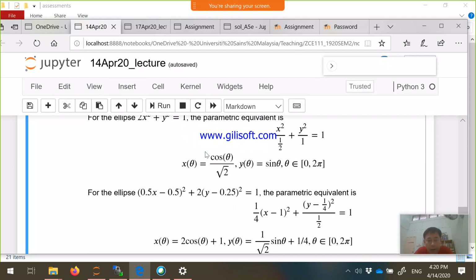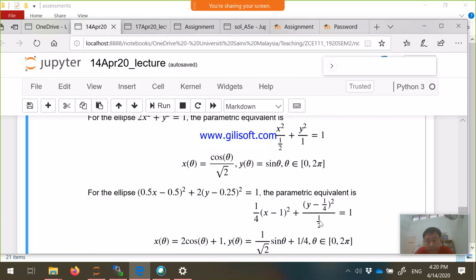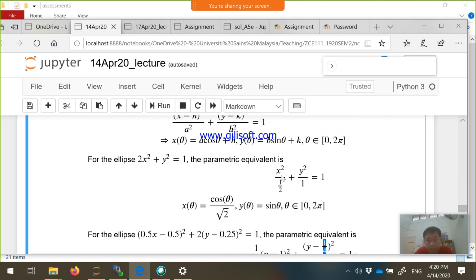So a squared is your 4, which means the a for this curve is just 2. Whereas here is your half. Half is your b squared, so that means again b is 1 over the square root of 2. And this is your h and this is your k. So for every parametric curve like this one, the corresponding a is this, and this a squared, b squared.